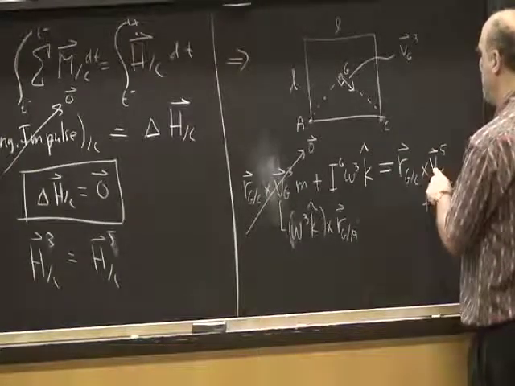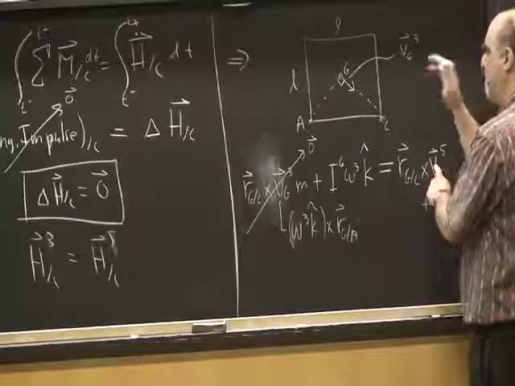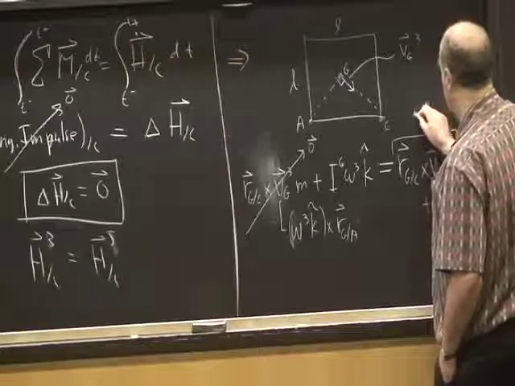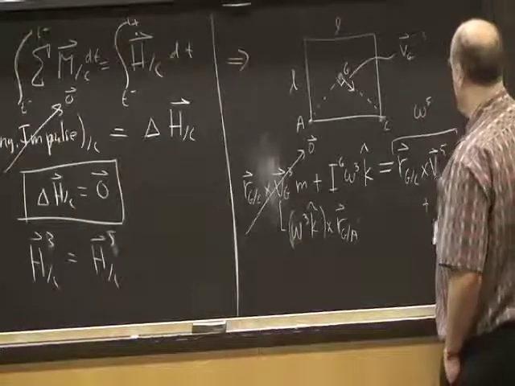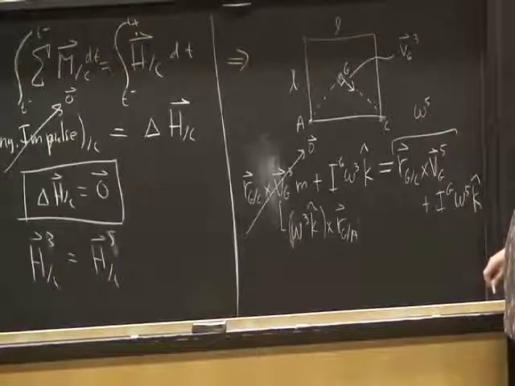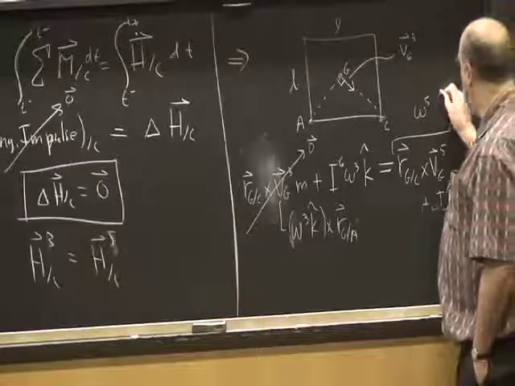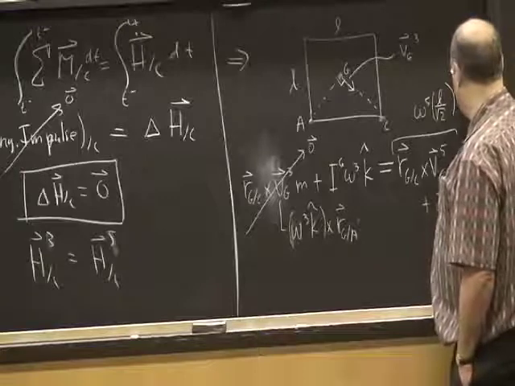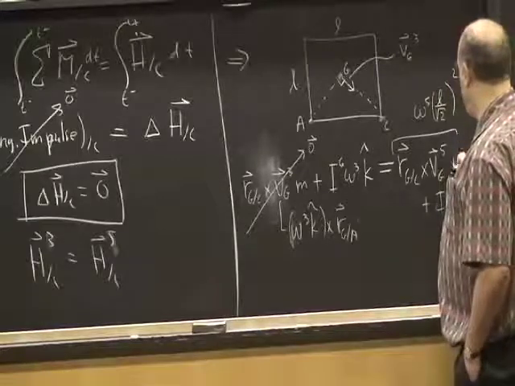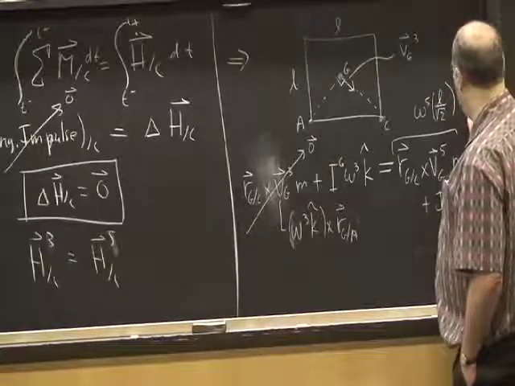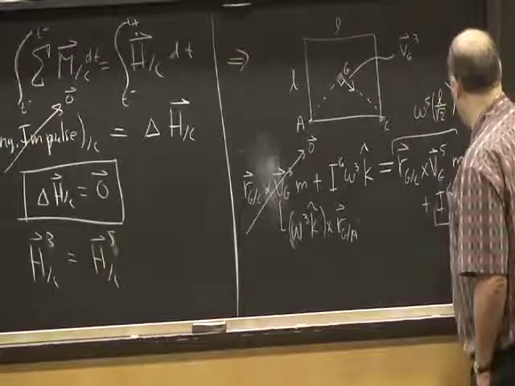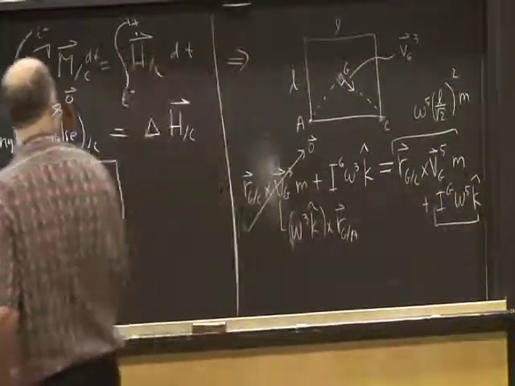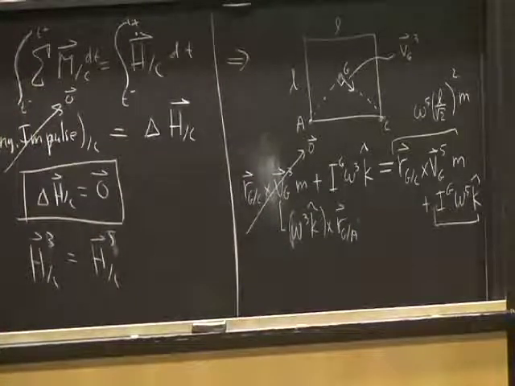Actually, it's the minus k direction because omega_5 is positive in this direction. So this whole quantity turns into omega_5, that's omega in state 5, multiplied by L over the square root of 2, squared. I've left out a mass here, multiplied by the mass. And then here we get a second term just like the first. So now let's see if we can get all these terms here.